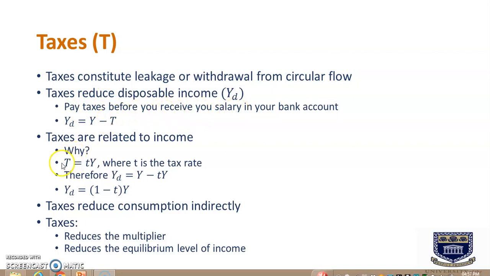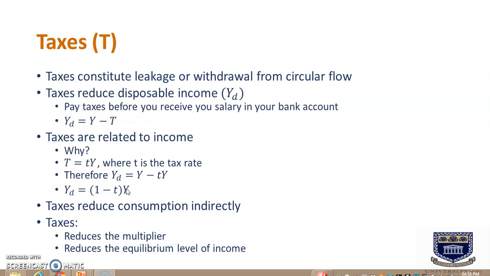The tax amount is given by the tax rate multiplied by Y. So if we substitute this into the formula, disposable income YD is equal to Y minus tY. And if we collect our terms, we can rearrange such that YD is equal to, in brackets, 1 minus t, close bracket, Y. Right, so let's move on.